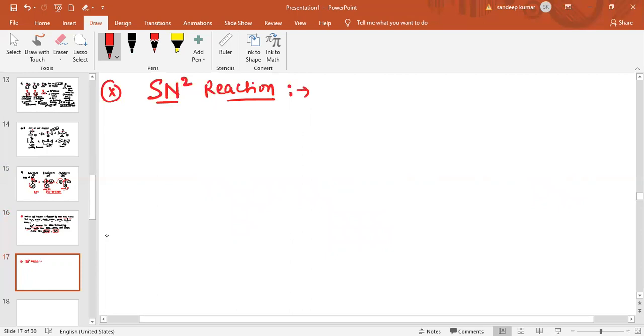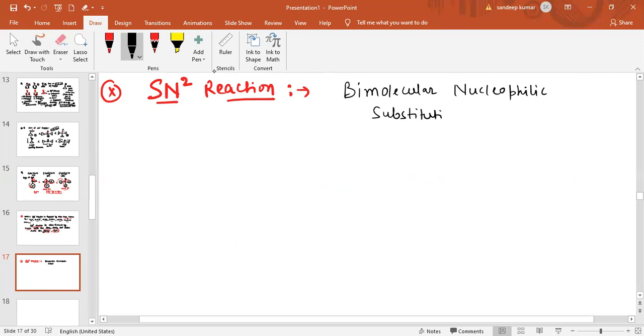We call SN2 reaction a bimolecular nucleophilic substitution reaction.